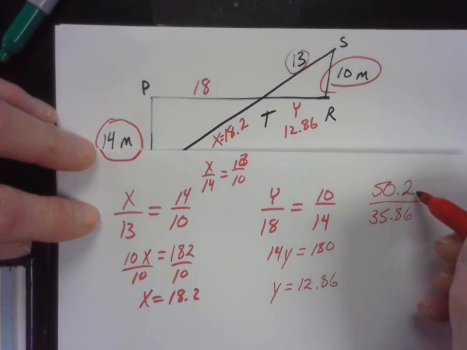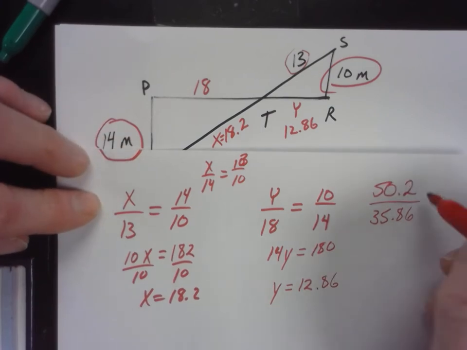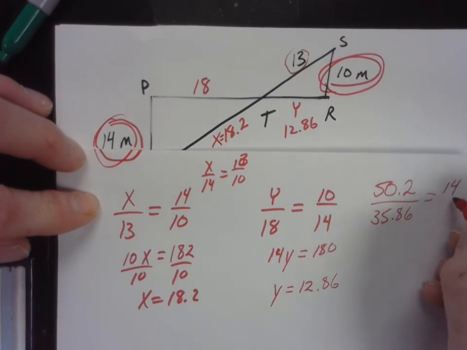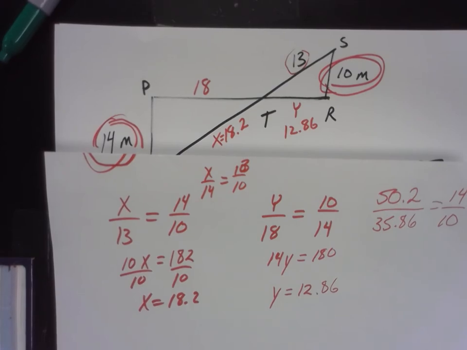The big one is 50.2 over 35.86, still in this same 14 to 10 ratio. Try it. Check it. Is the perimeter in the same ratio as those two sides that are the key to the problem?